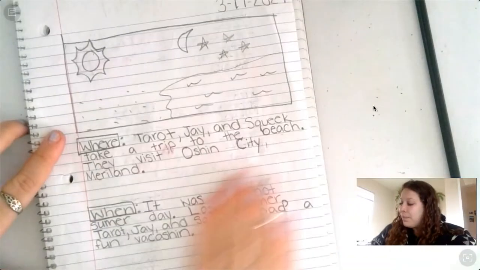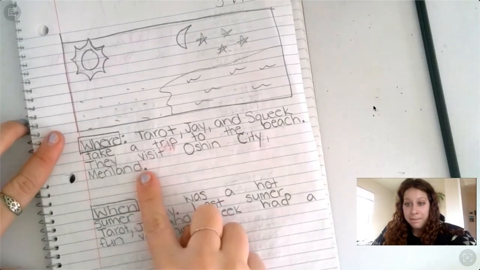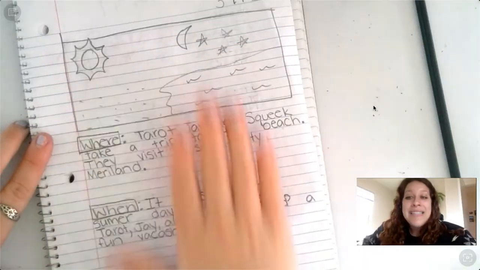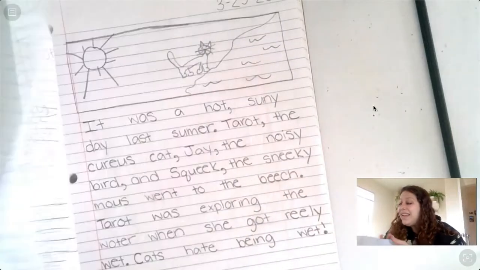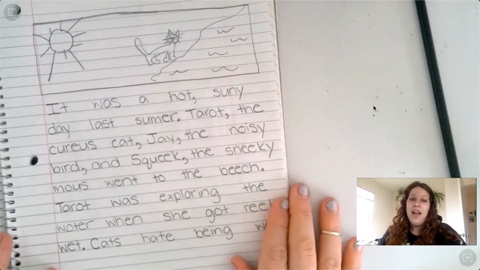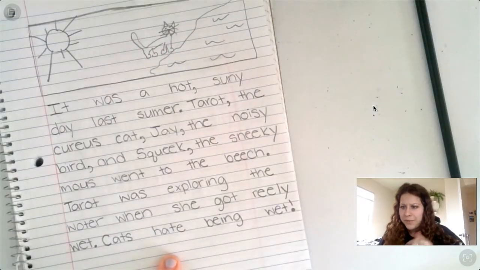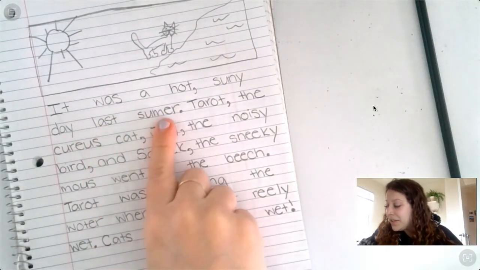And they're at the beach. I remember they take a trip to the beach. They visit Ocean City, Maryland. It was a hot summer day. This is my setting. So I've written about my characters, I've written about my setting, and I've written the beginning of my story. Let's review what I wrote last week. I wrote, it was a hot, sunny day last summer.